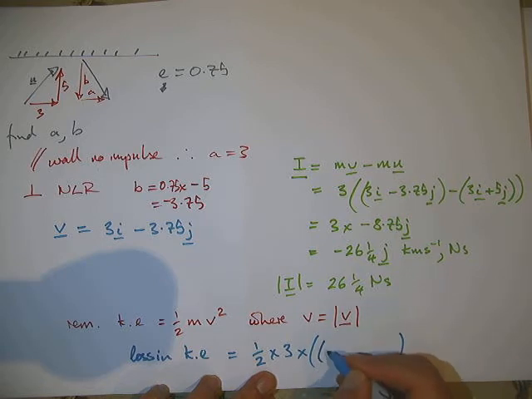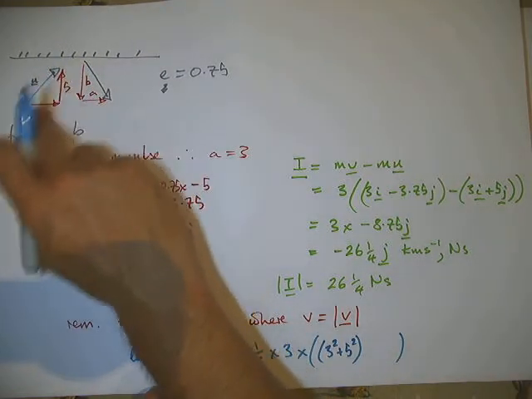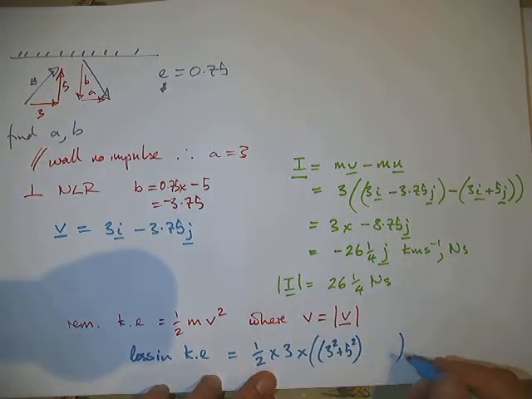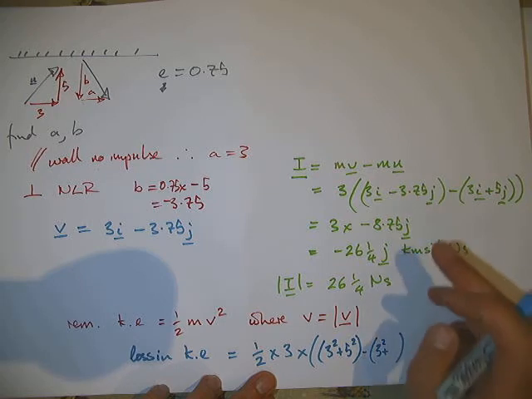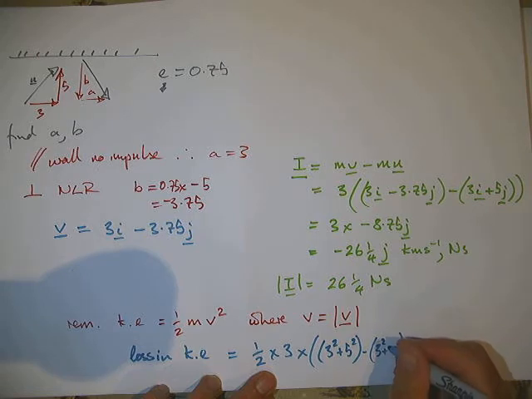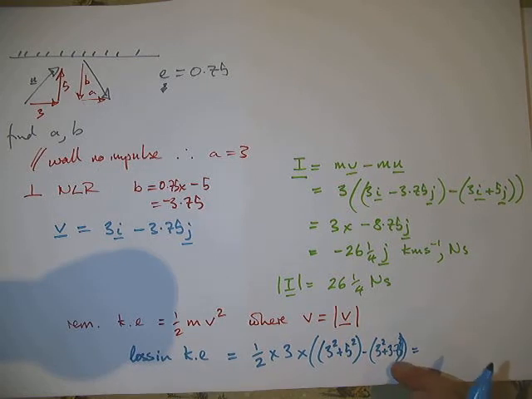So we're going to get 3 squared and 5 squared for the initial speed squared, take 3 squared and 3.75 squared for the final speed.